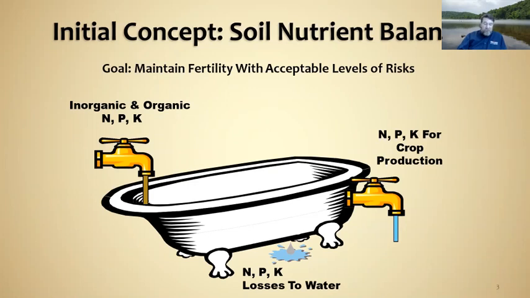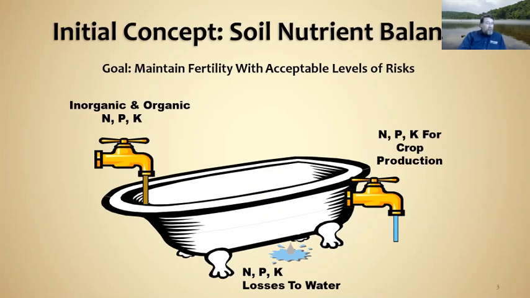Now, this is a gross oversimplification of the biology and the chemistry taking place in the soil, but it's effective from a day-to-day management perspective. The idea is you really want to maintain that fertility within acceptable levels of fertility available, but also acceptable levels of risk. Normally I'm talking about environmental losses to the water and potentially air.